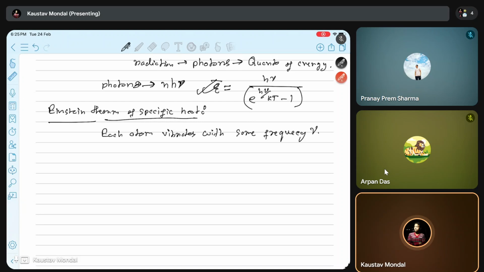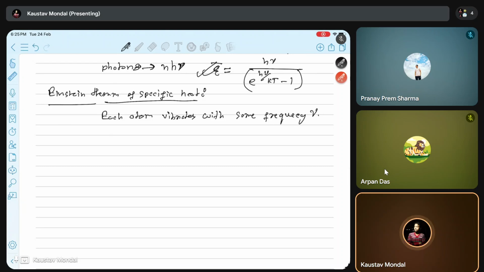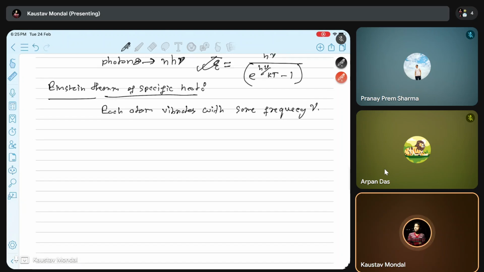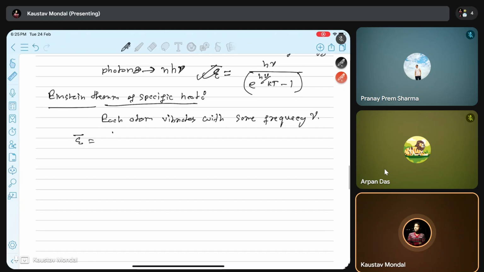All of the atoms in the solid vibrate with the frequency nu due to thermal energy. Each degree of freedom of the molecule has this exact form of energy. So E bar is h nu by e to the power h nu by kT minus 1. This is the average energy per degree of freedom.